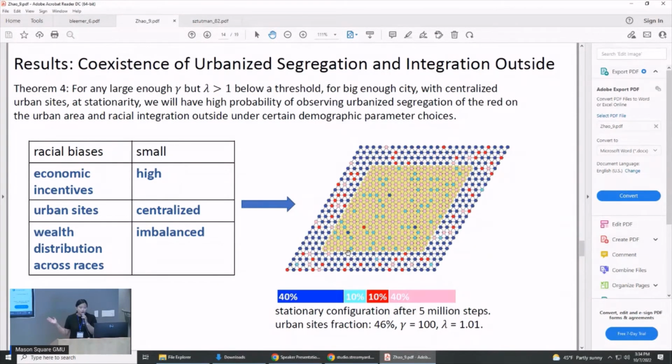So what this tells us is that even if there is little to no racial bias, as long as there is wealth disparity, it can be enough to cause urbanized segregation. And we prove that using tools from statistical physics in theorem 4.